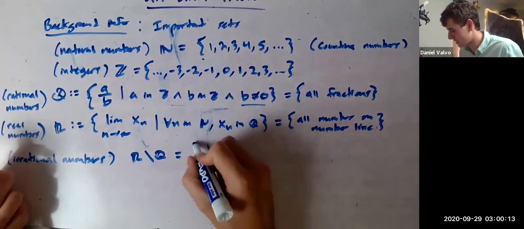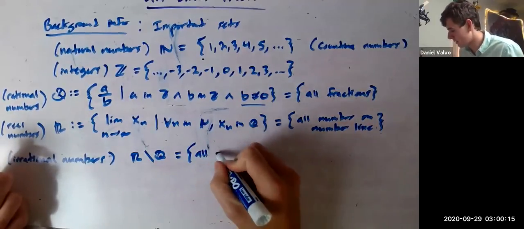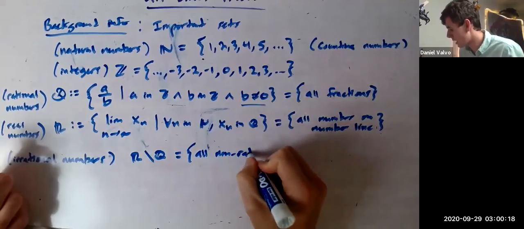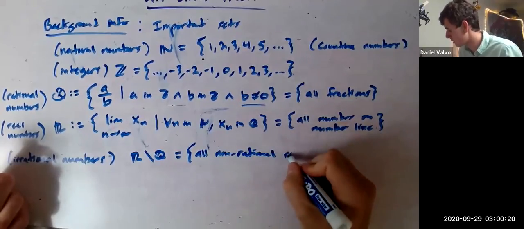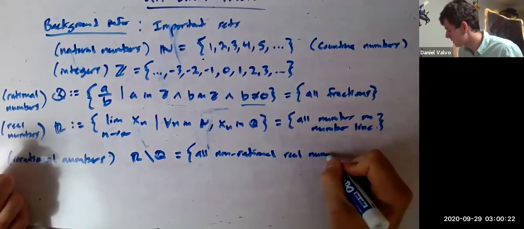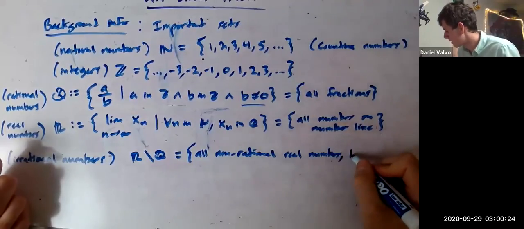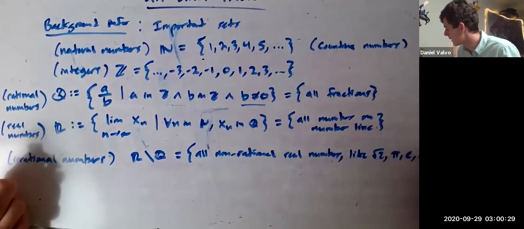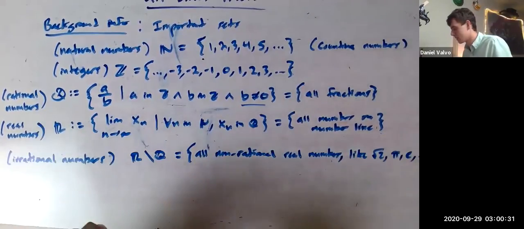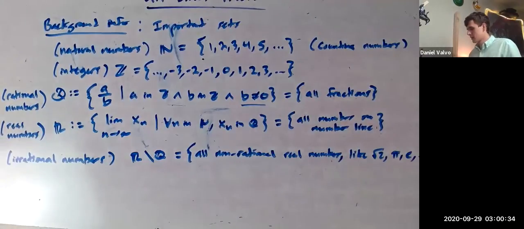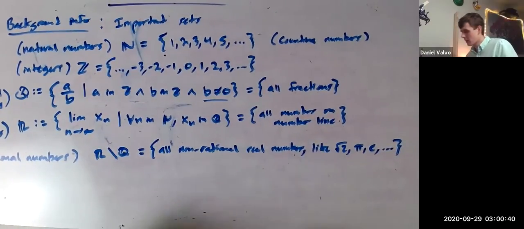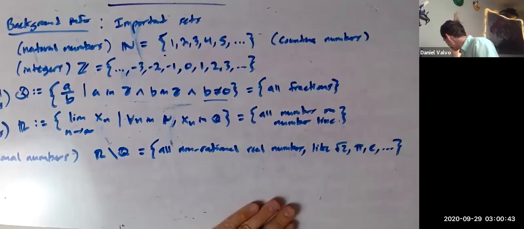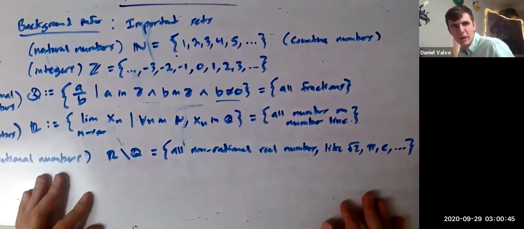So these are just all non-rational real numbers, like the square root of 2, pi, e, etc. All right, any questions on this background info?